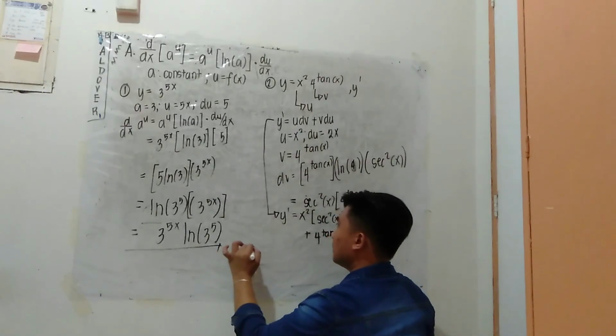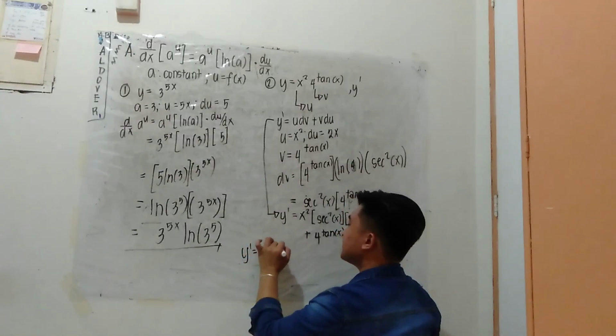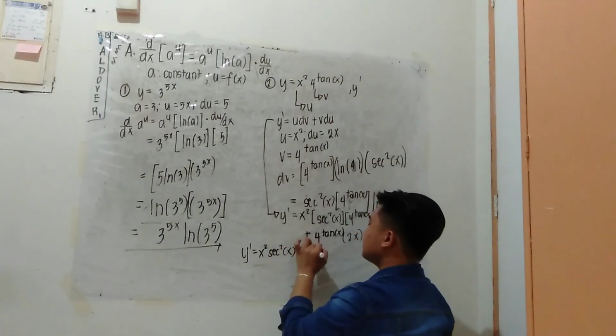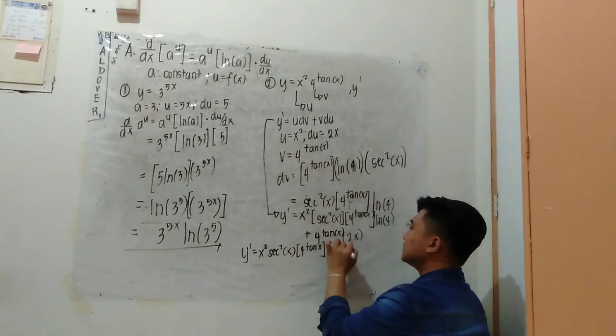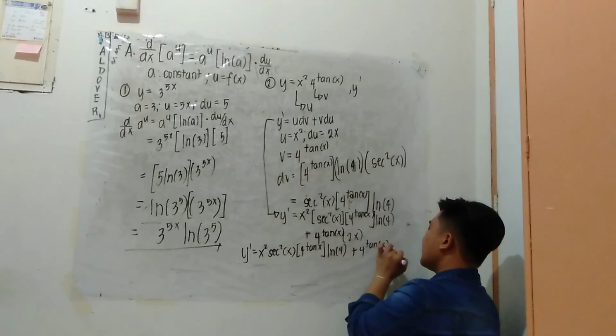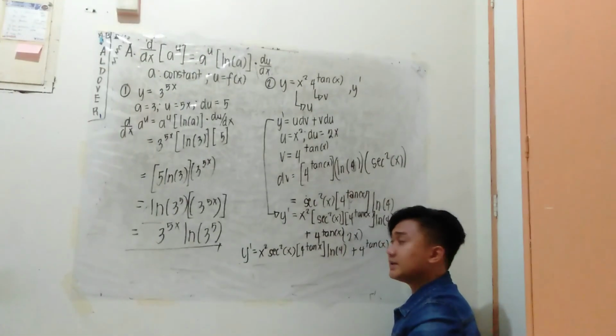So, y prime is equals to x squared, secant squared x, 4 raised to tangent of x, ln of 4 plus 4 raised to tangent of x times 2x. May common factor tayo dito kapag tinignan ninyo.